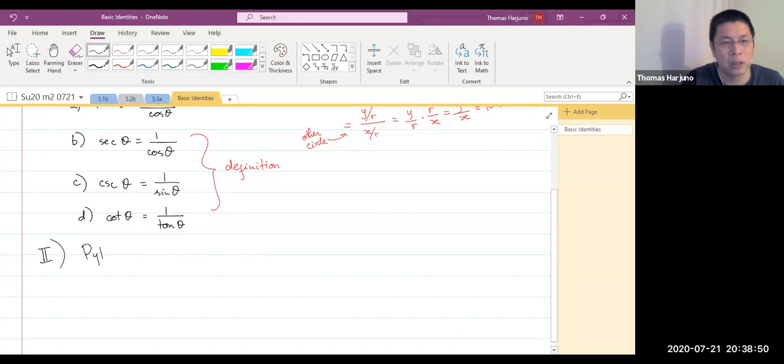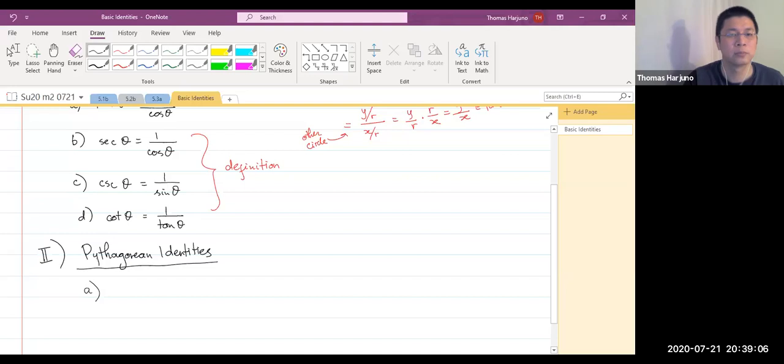Pythagorean identities. The first one, let me call that 1 instead of A. So the ones where I use numbers, you need to memorize in order. Sine squared theta plus cosine squared of the same angle is equal to 1.